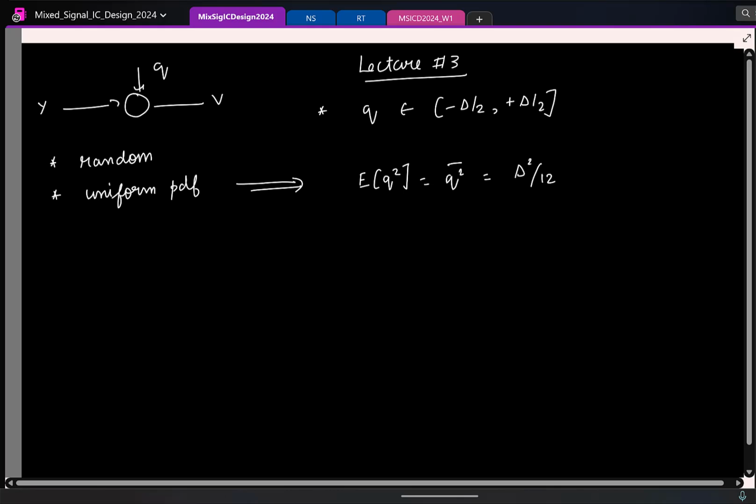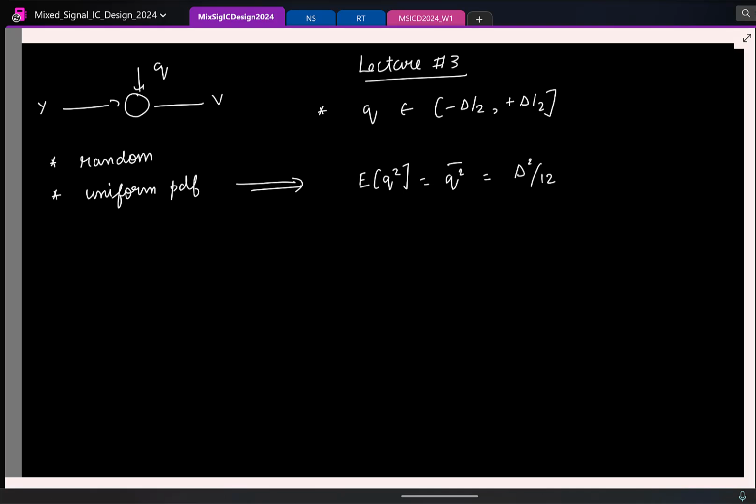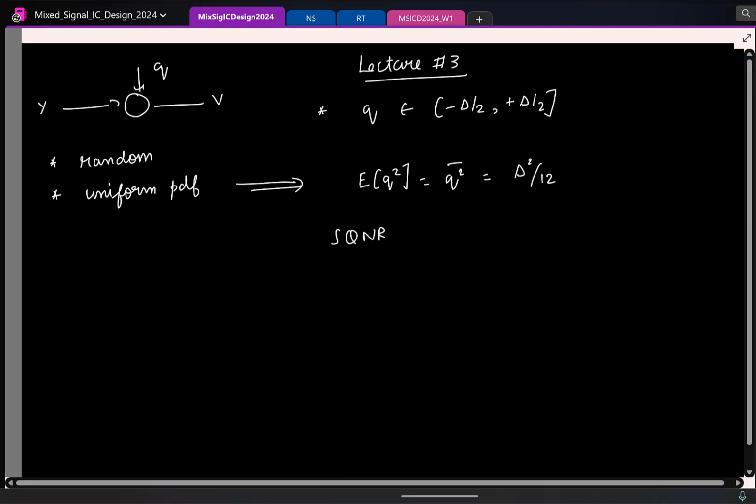And based on this, we decided to form a metric to characterize the performance of the ADC, which was the signal to quantization noise ratio. In particular, we calculated the peak sinusoidal signal to quantization noise ratio. And in terms of the number of bits in decibels, how much was this? 6.02.